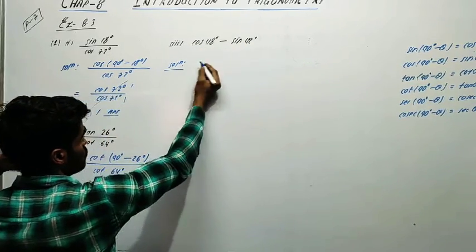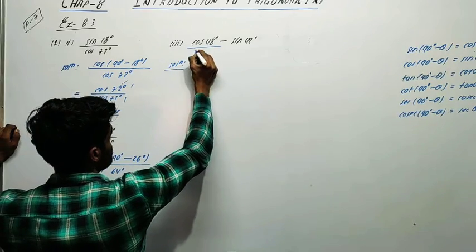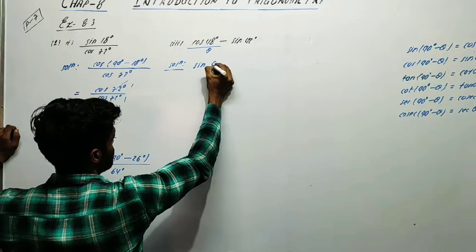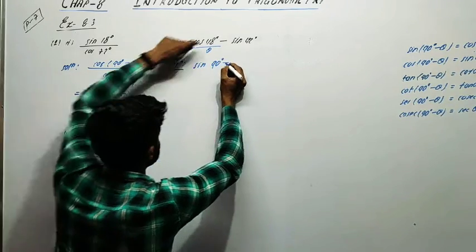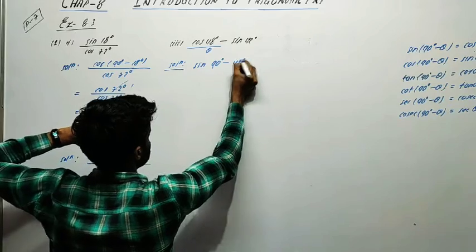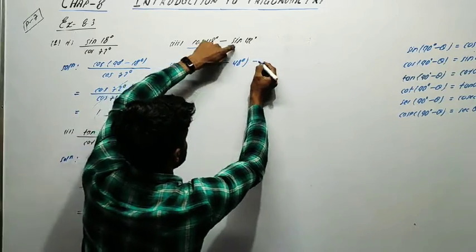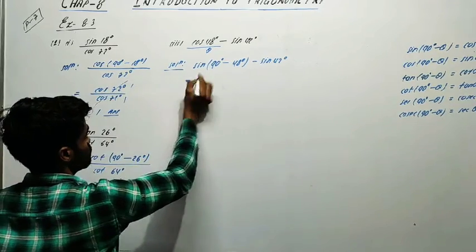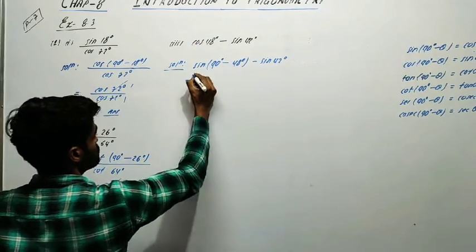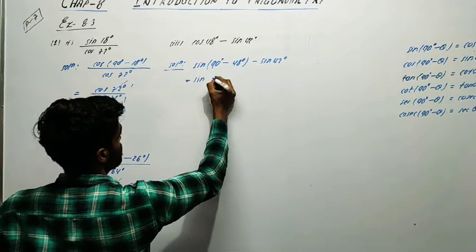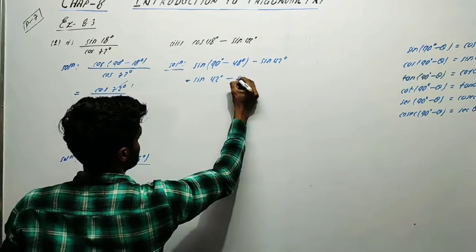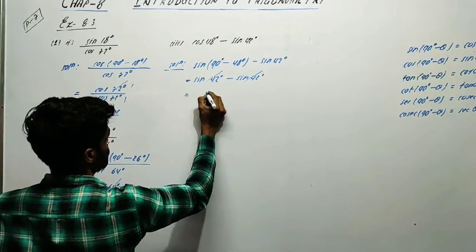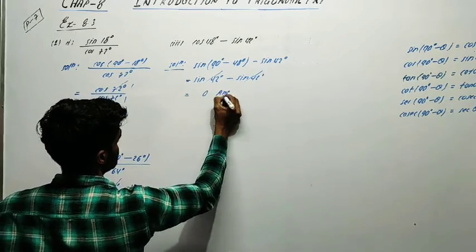Let us express cos in the form of sin. So cos 48 degree can be written as sin 90 degree minus 48 degree, minus sin 42 degree, which is equal to sin 42 degree minus sin 42 degree, both cancel out, is equal to 0, and it is the answer.